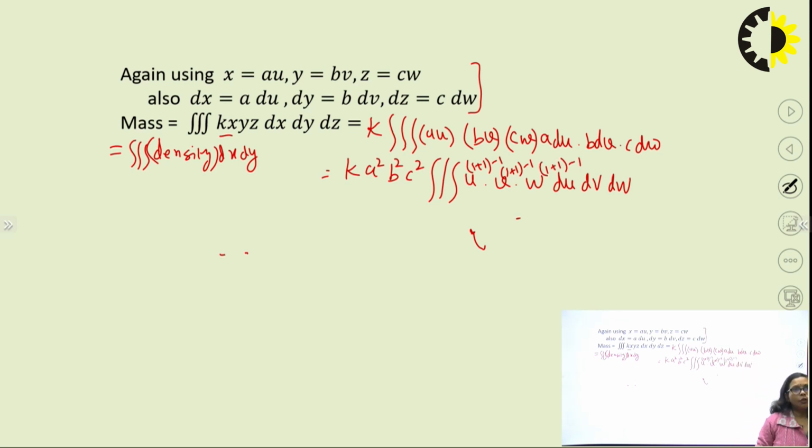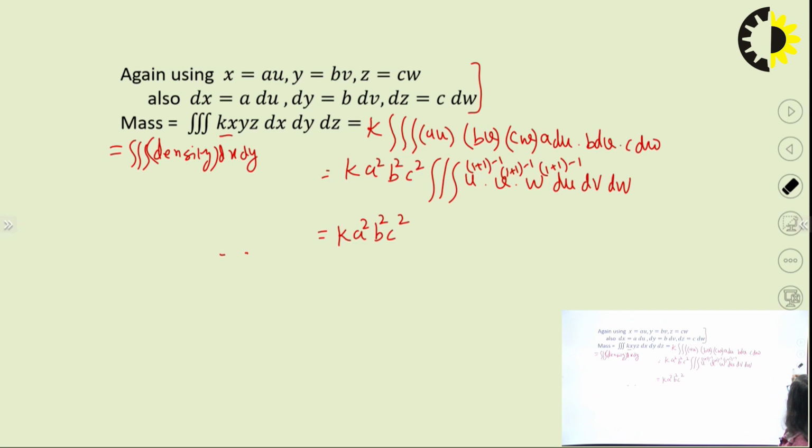So now this is of the form u to the power 1 plus 1 is 2 minus 1, v to the power 2 minus 1 and w to the power 2 minus 1. Comparing with the definition of the Dirichlet theorem, we get the values of LMN. L here is 2, M is also 2 and N is also 2. So the condition for Dirichlet is satisfied. The domain we have already chosen is the one satisfied by the Dirichlet. So directly apply the Dirichlet integral over here.